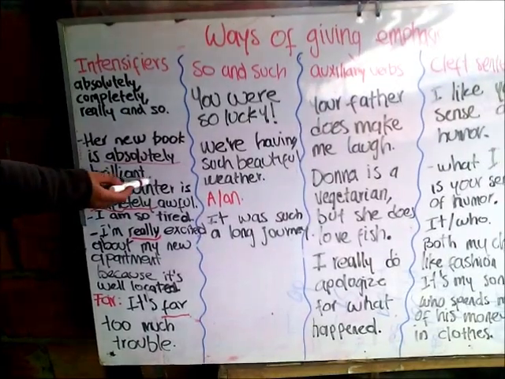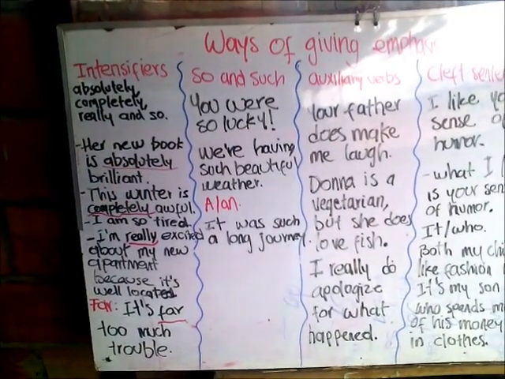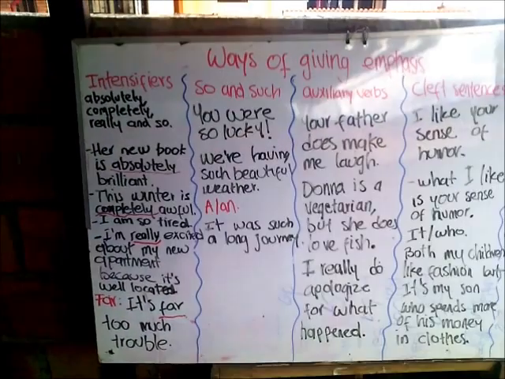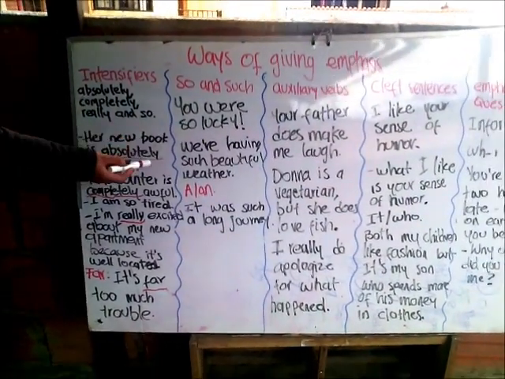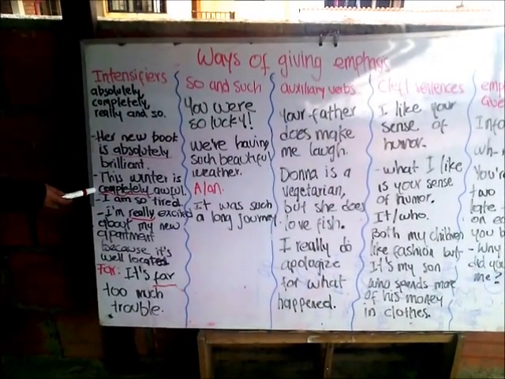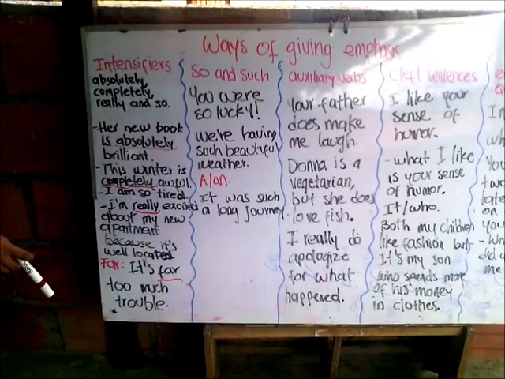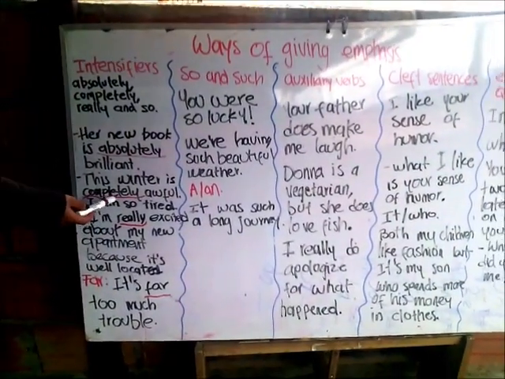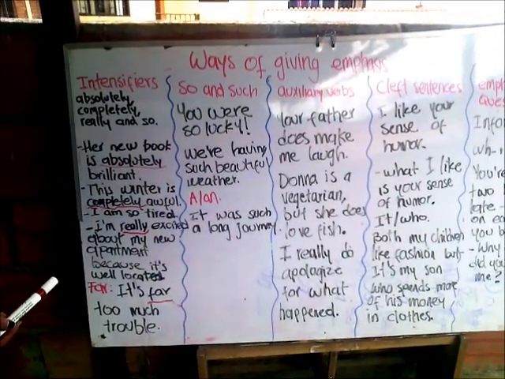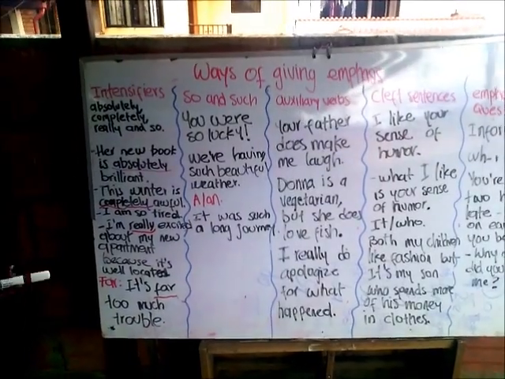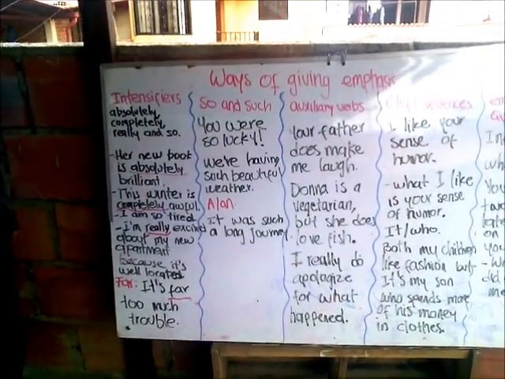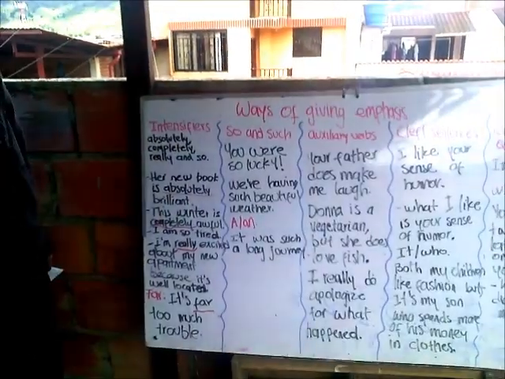We use absolutely here because the book is really brilliant, and here because, as I already said, the winter is very awful, bad, or horrible, terrible, something like that.